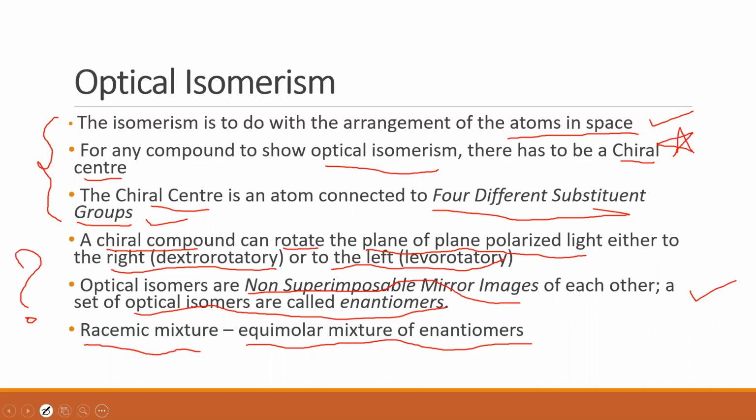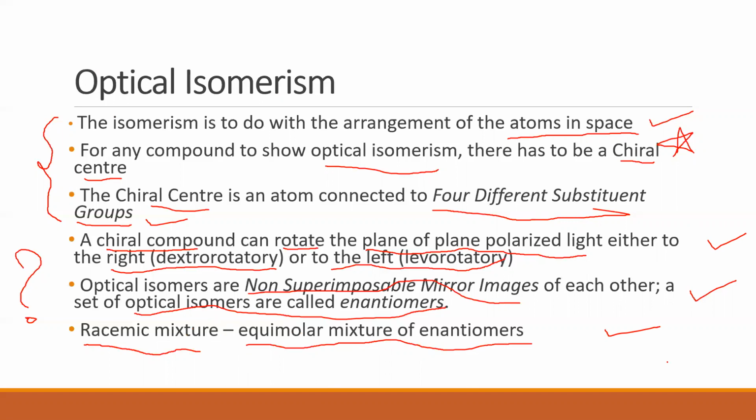Then coming to the racemic mixture. A racemic mixture is an equimolar mixture of enantiomers. Clear? So now after all the other slides in the front, we are able to understand each of these points. This phenomenon is what is called optical isomerism.